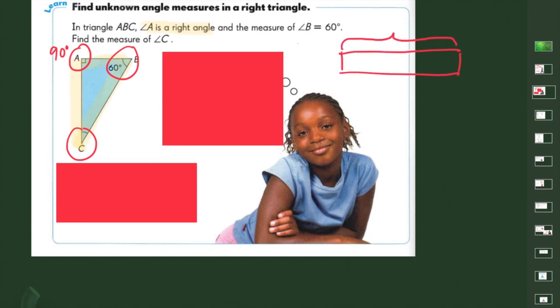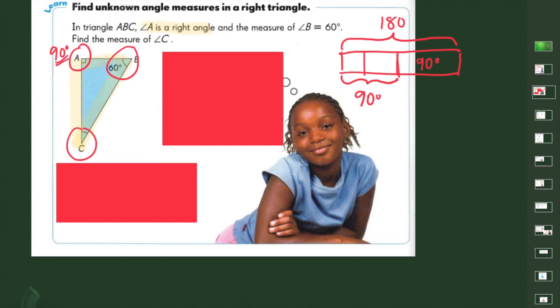We know that the total measure of all the angles in a triangle has to be 180. So when we have a right triangle, we know that one of the angles is 90 degrees, and the other two acute angles must have a sum of 90 degrees because the total angle measures have to be 180. So what do we know in looking at this triangle?